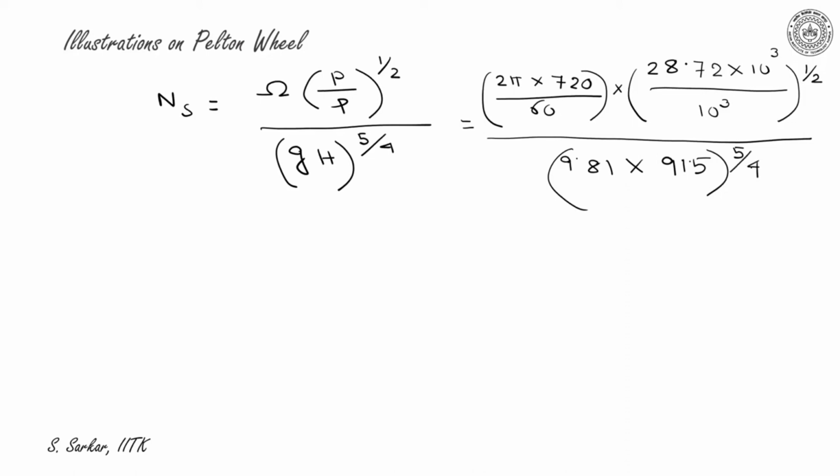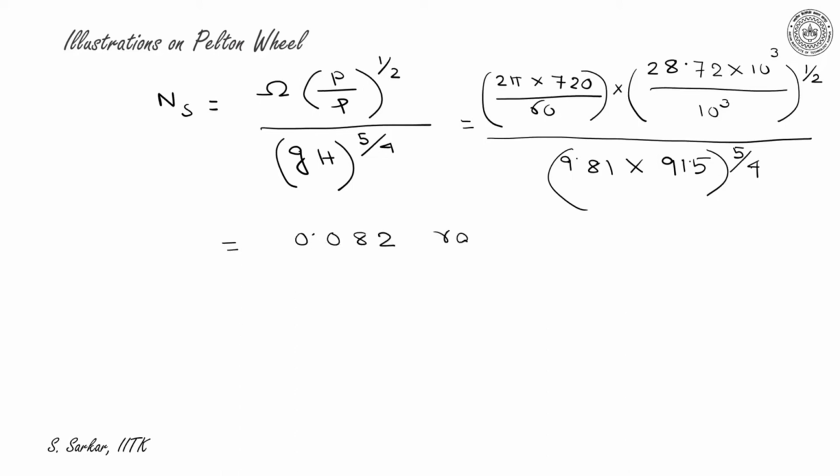Thus, put the value of omega here. Omega is 2 pi n divided by 60. Then power divided by density to the power half, whole divided by GH to the power 5 by 4. If you do all the calculation, you will get the value of Ns as 0.082.